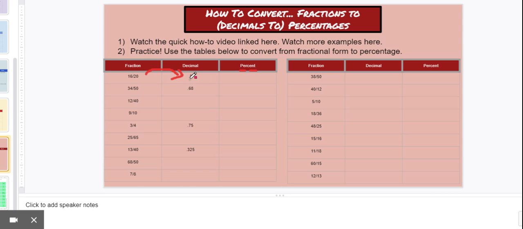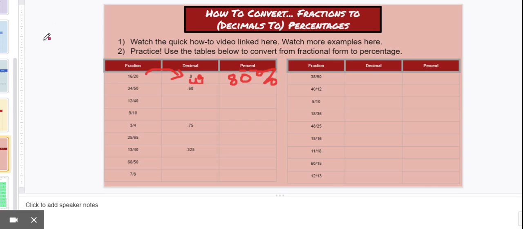So you're going to move that decimal two spots, and wherever there's a big gaping hole, it's hard to read with this pen, but you end up with 80% per 100, right? For every 100.